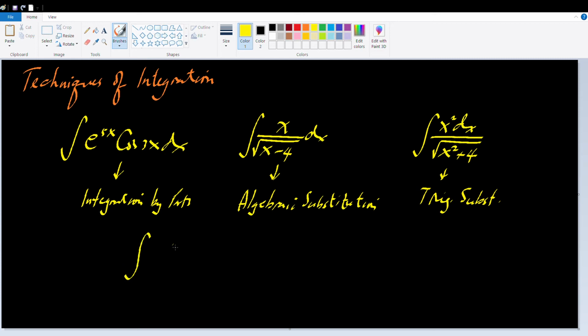Another is, say, the integral of (2x minus 7) dx all over (x minus 3) squared times (x squared plus 1). This one can be evaluated through integration by partial fraction.